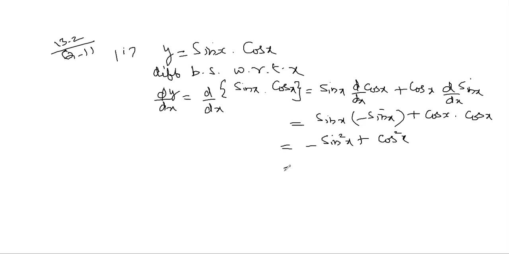And we have the formula: cos square x minus sin square x is equal to what? Mudassir, cos square x minus sin square x is equal to cos 2x.